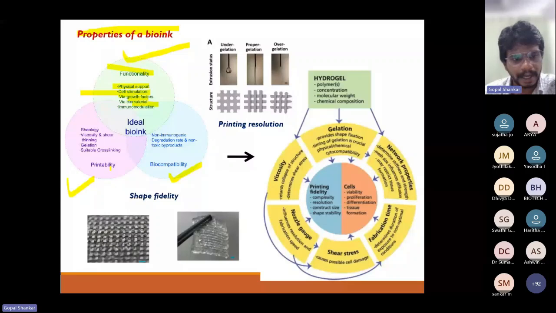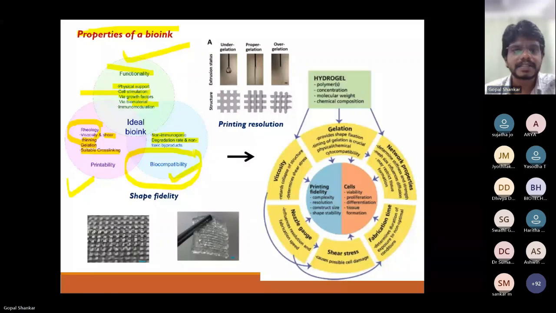We'll talk about them in coming slides in detail. Then you need some kind of gelation kinetics, suitable cross-linking. So this all comes under rheology and viscosity. In terms of biocompatibility, again, they have to be non-immunogenic, not eliciting any kind of immune response. They should have a controlled degradation rate, and the products of the degradation should not be toxic.